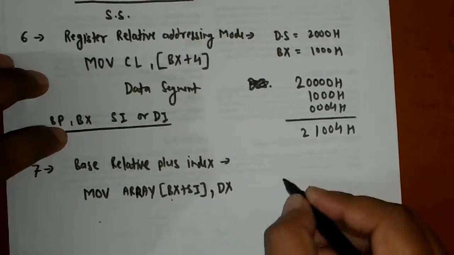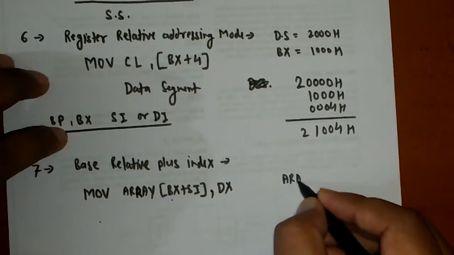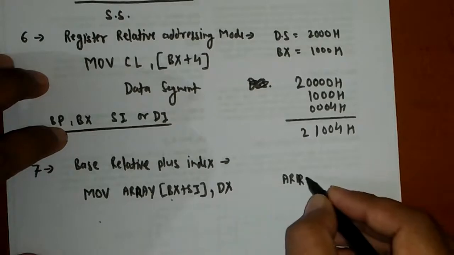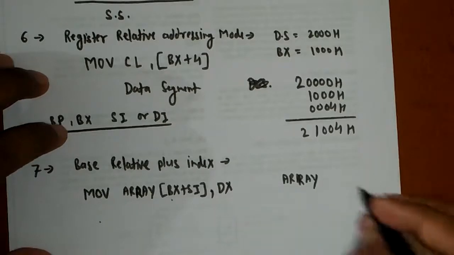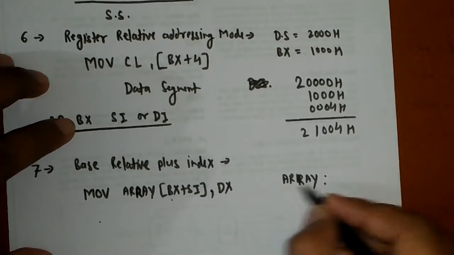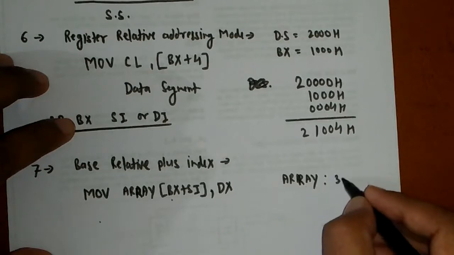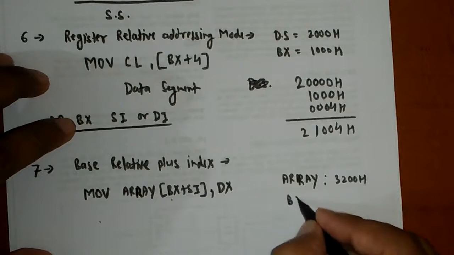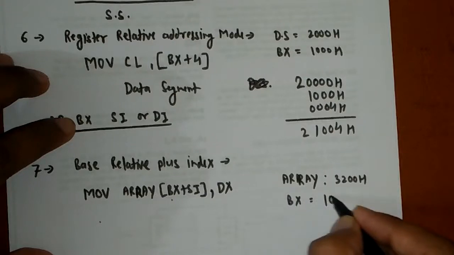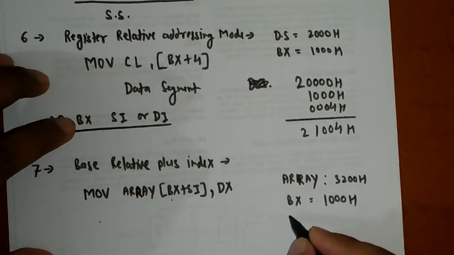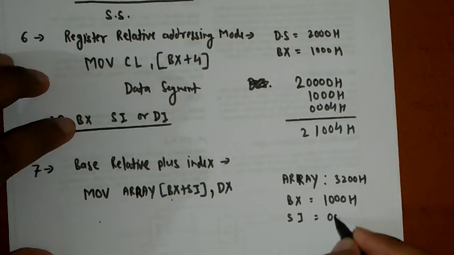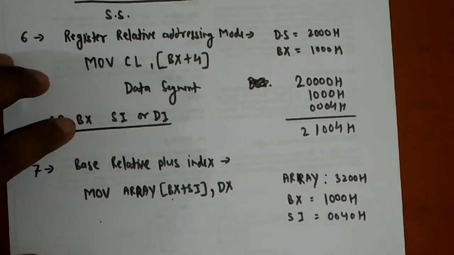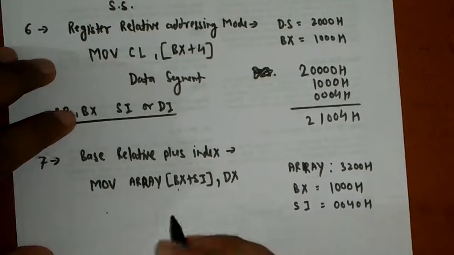If we assume that array is labeled at memory location 3200h, and the content of the BX register is 1000h, and the value of SI is 0040h, then we will generate the 20-bit address.